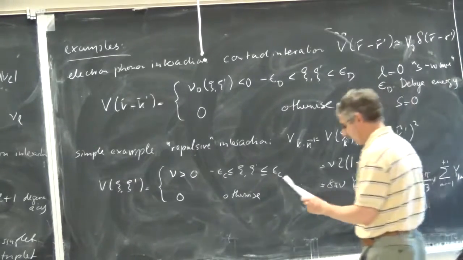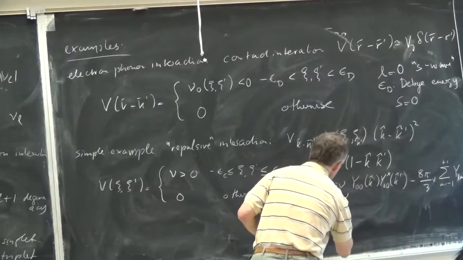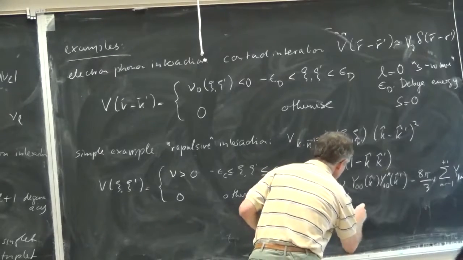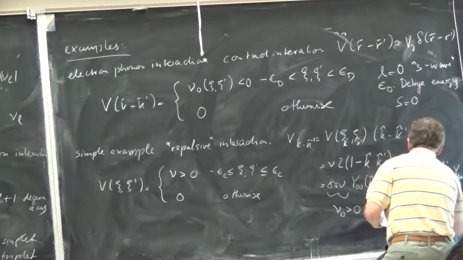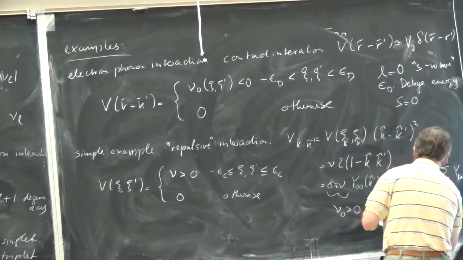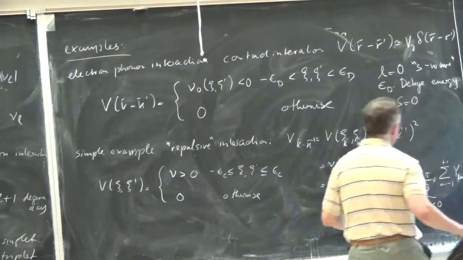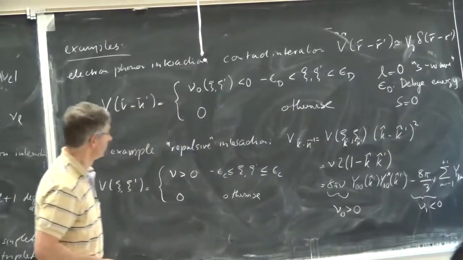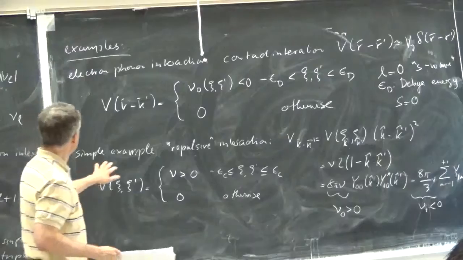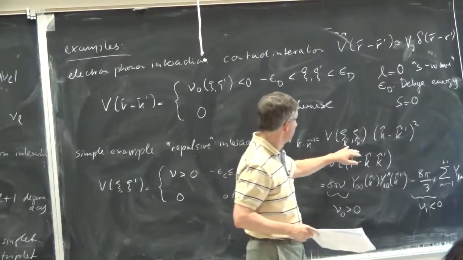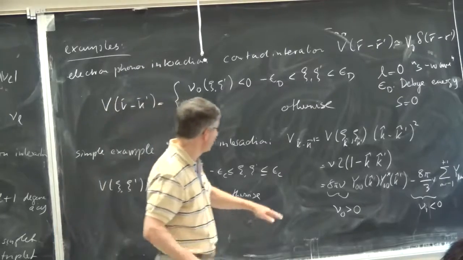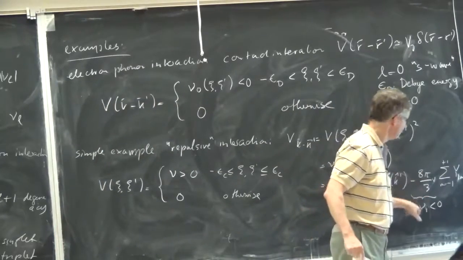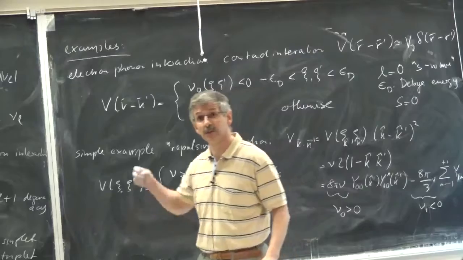What I call here mu naught is larger than 0, and this one, with the minus, I call mu 1, which is smaller than 0. So a simple example: at first sight, a repulsive interaction can nevertheless have an attractive angular momentum channel.